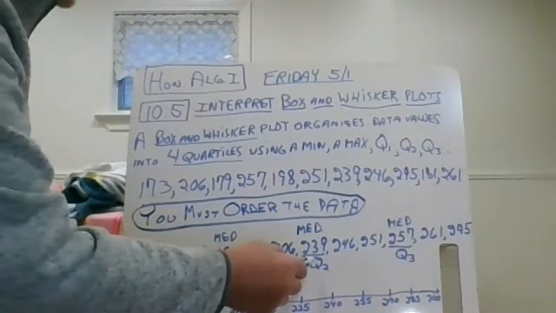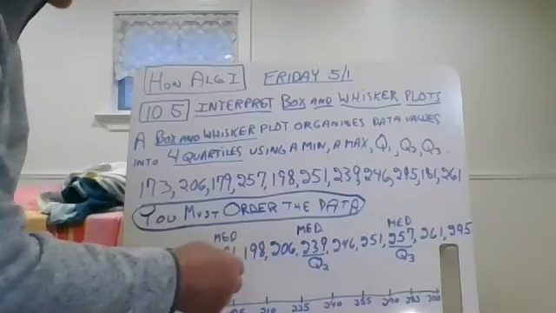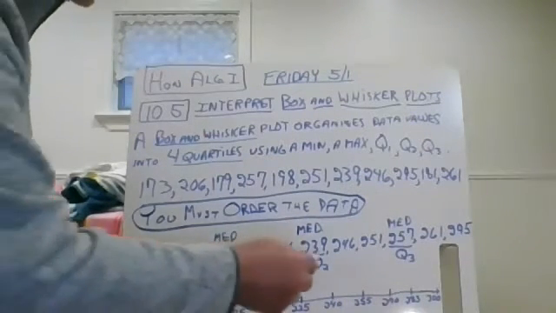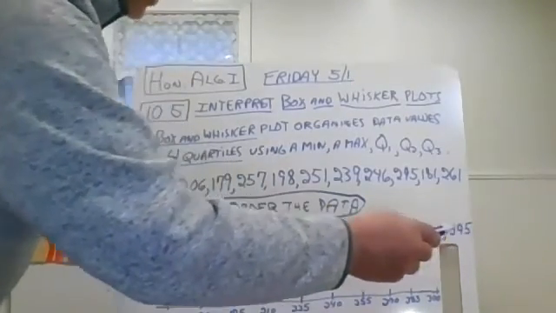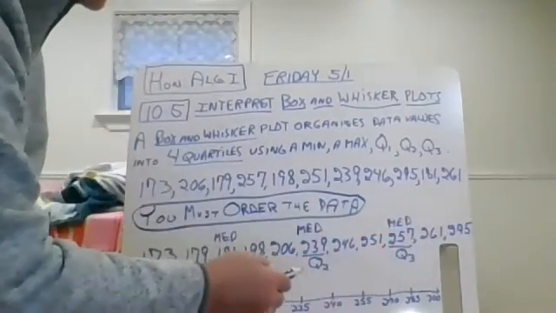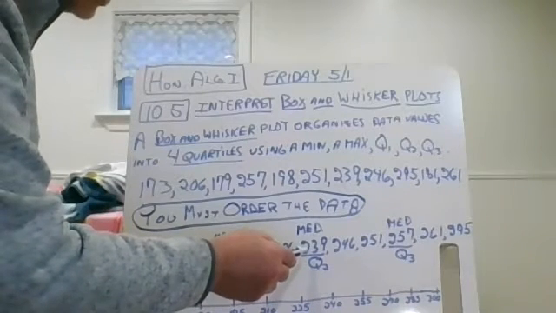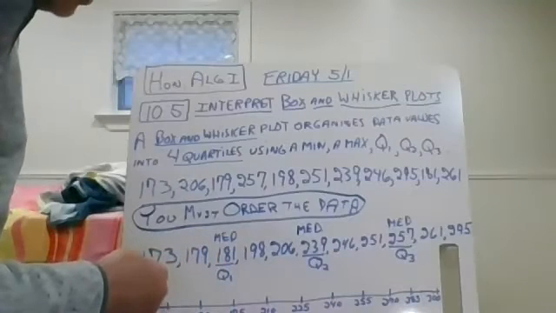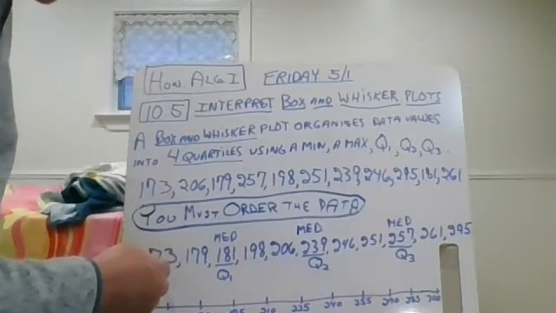And now what that does, it divides this into a lower half, all the values to the left, and an upper half, all the values to the right. And then the next thing we do, you don't include the median. You take all the values to the left, the lower half, and you find the median of those values.